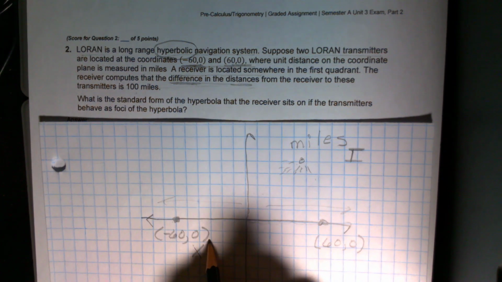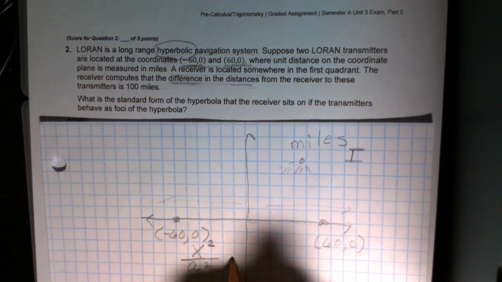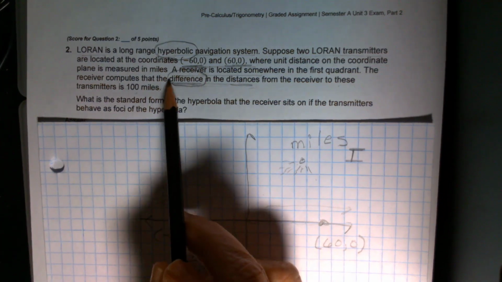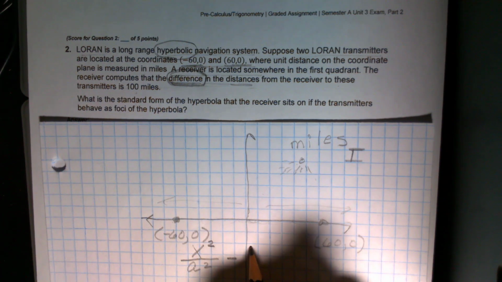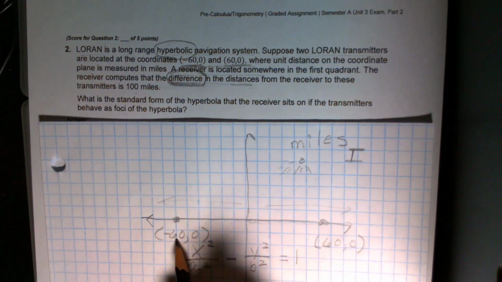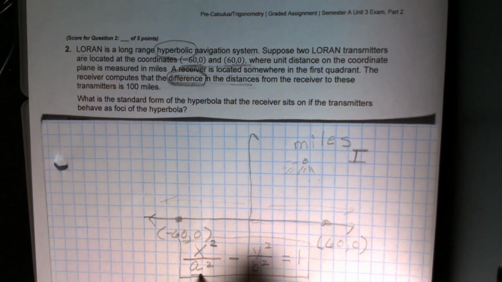So it's going to be, start with the x, so it's going to be x squared over a squared minus, a hyperbola talks about difference. That's how we plot those points. Minus y squared over b squared equals 1. So we're going to be plugging in a squared and b squared into this equation.